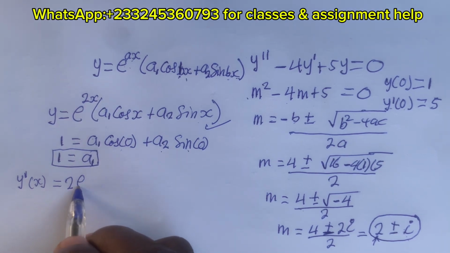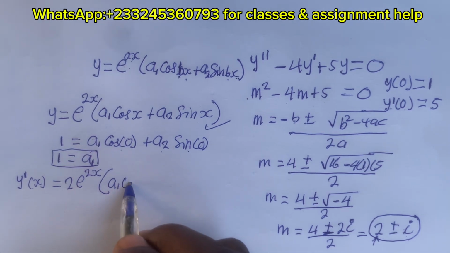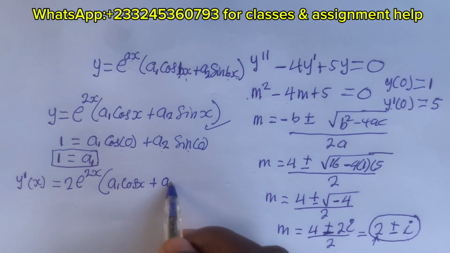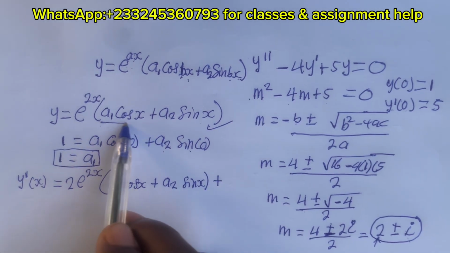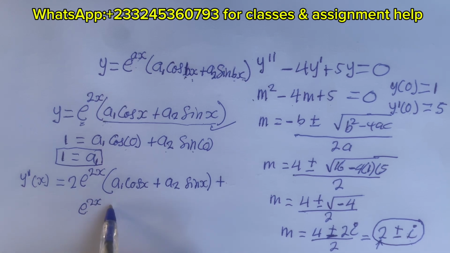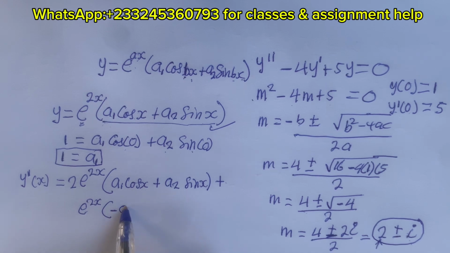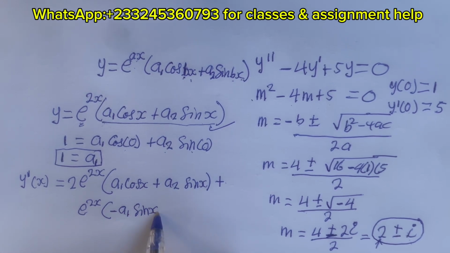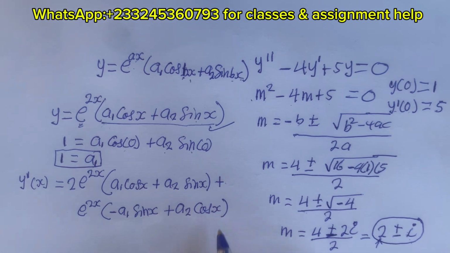Then multiply it by e to the power 2x times whatever we have here, a1 cosine of x plus a2 sine of x, plus, then we differentiate what is here and multiply it by e to the power 2x. So plus e to the power 2x times, if we differentiate cosine, you get negative sine, so you have minus a1 sine of x plus a2, if we differentiate sine, you get cosine of x.